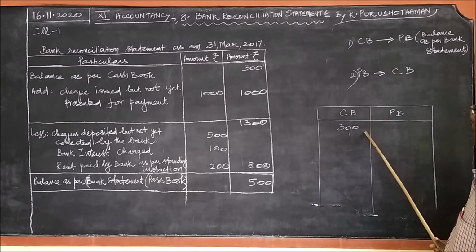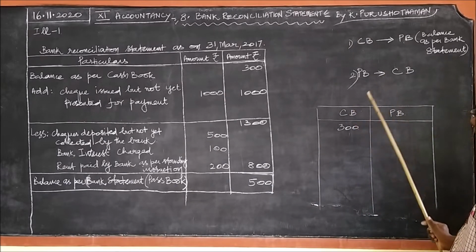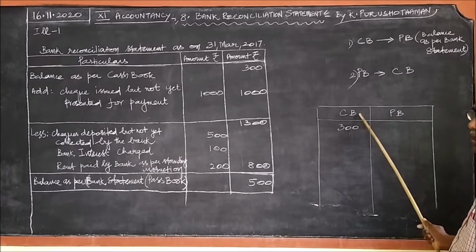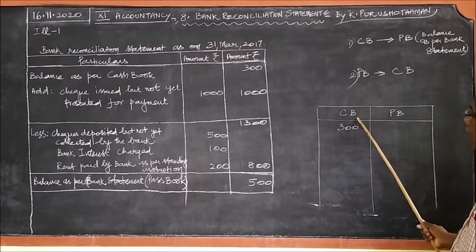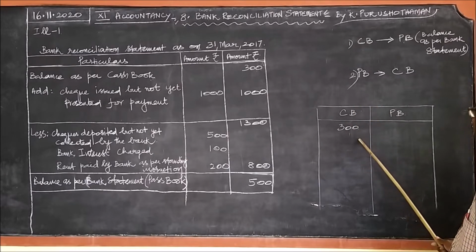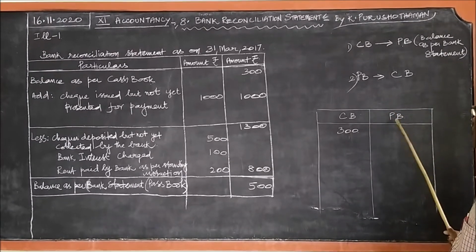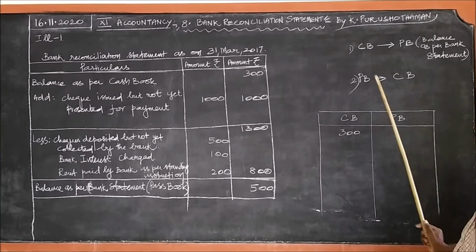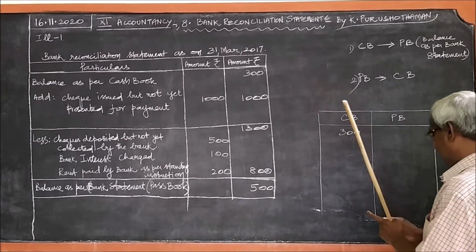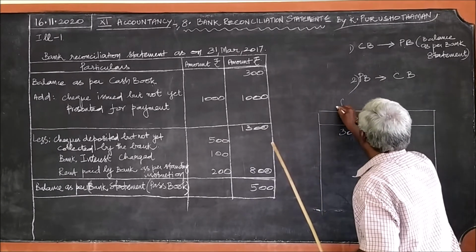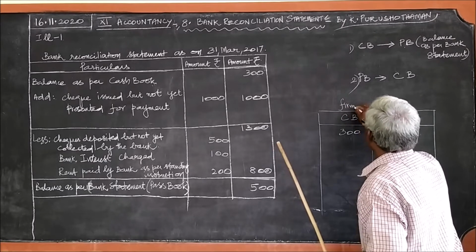And before that, this cash book is maintained by the business, and the passbook or the bank statement is maintained by the bank. This is by the firm or business.